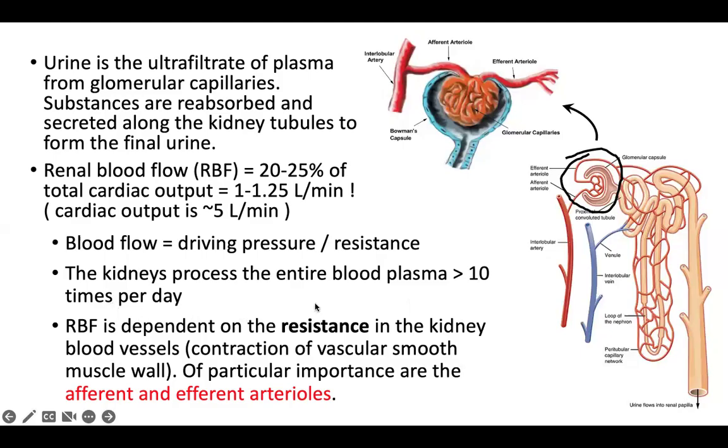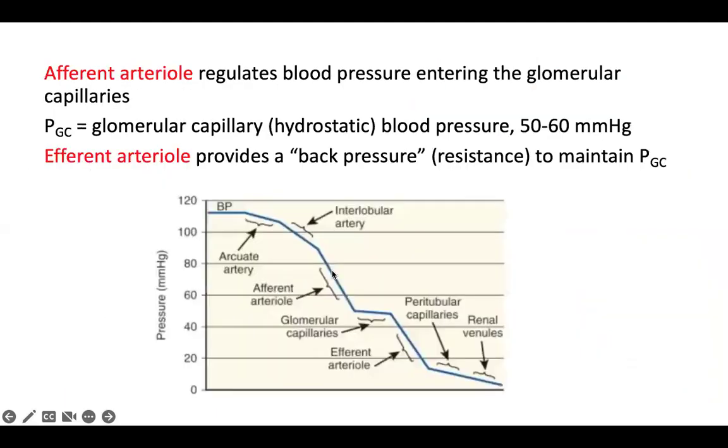So where does the resistance come in? The main players in determining resistance are the afferent and efferent arterioles. The afferent arteriole is, of course, regulating the blood pressure entering into the glomerular capillaries.